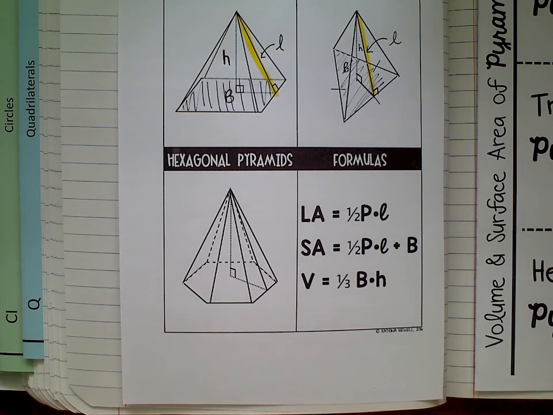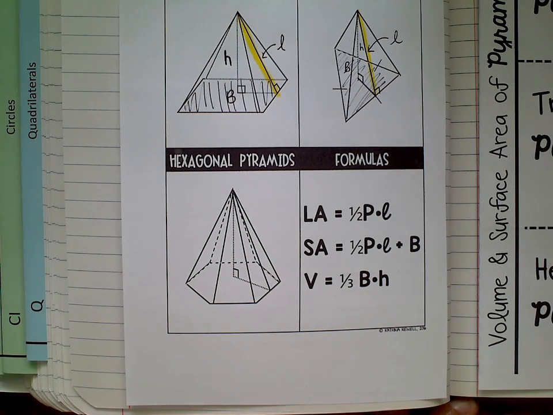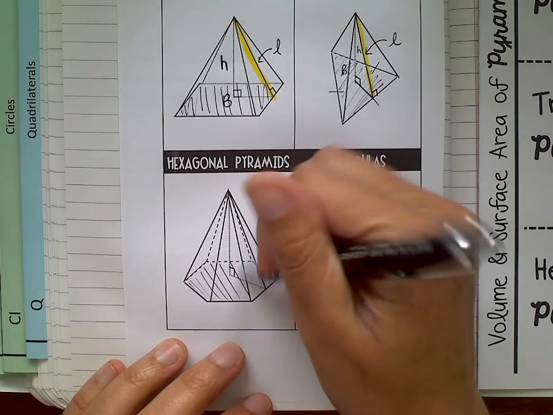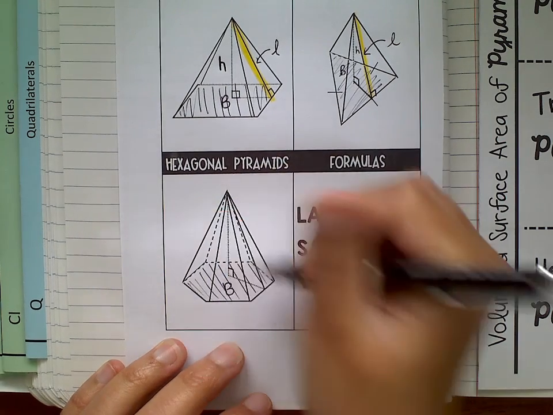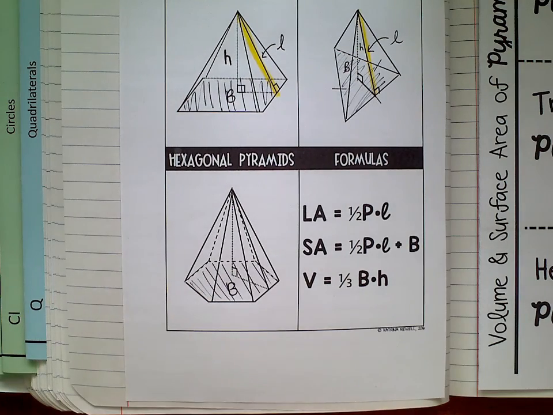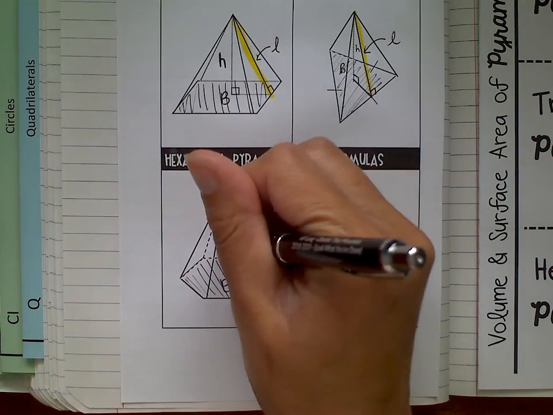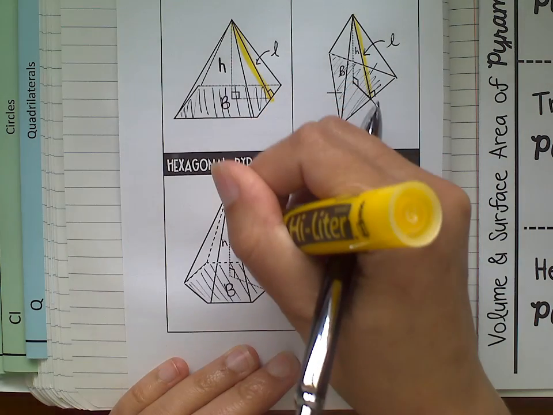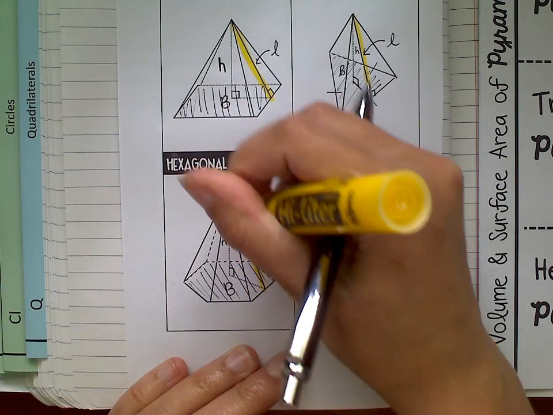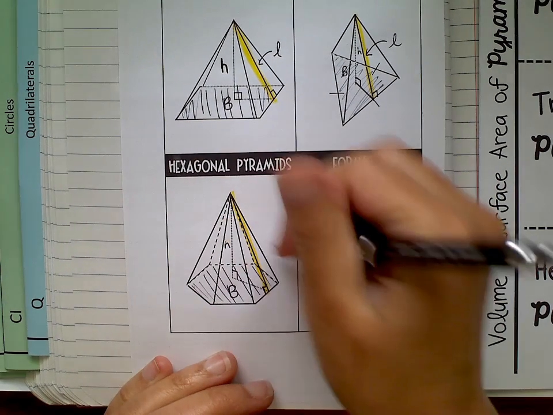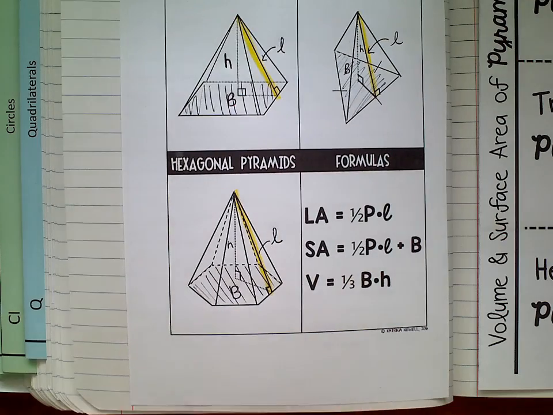Now another pyramid that we're going to look at is a hexagonal pyramid. So when the base of my pyramid is a hexagon, we have our invisible imaginary height right here from base to point, and then along the edge on one of those triangles we have our lateral height, I forgot the little box down there, which is also important.